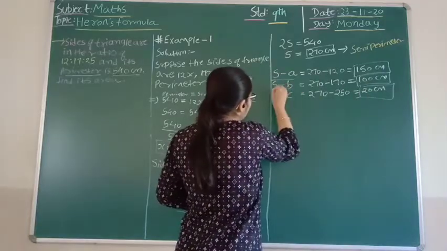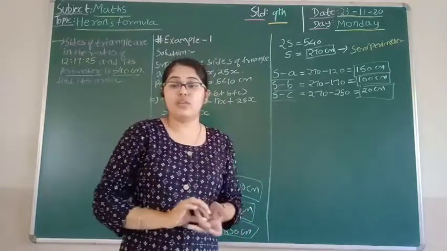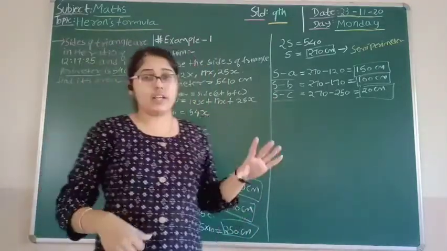This is s minus a, s minus b, s minus c. Now we need to apply all of these values which we have found over here in the given formula.